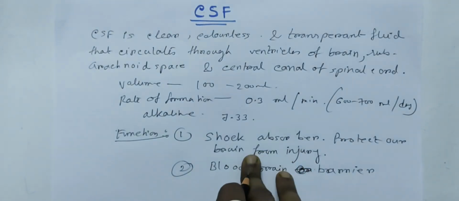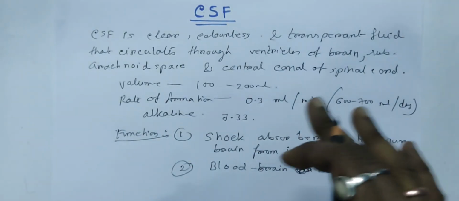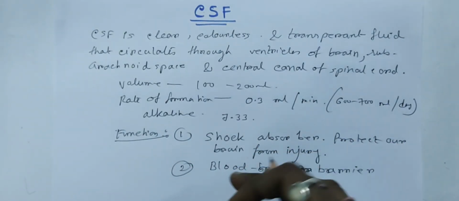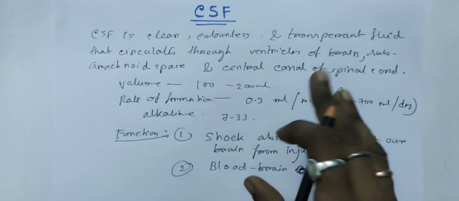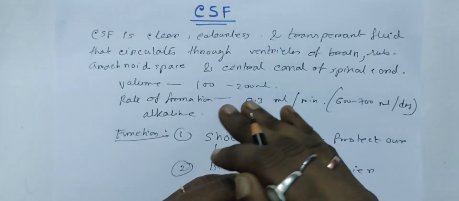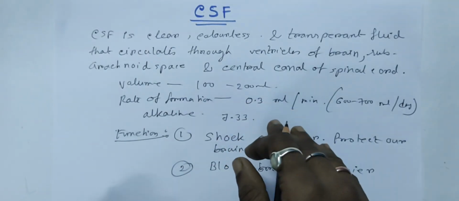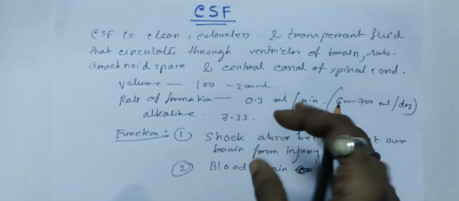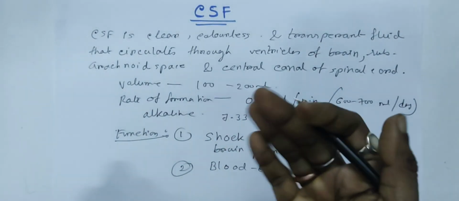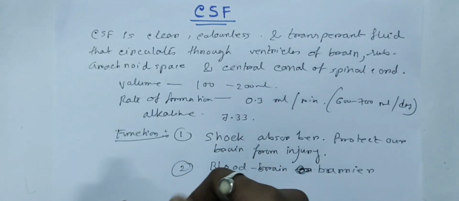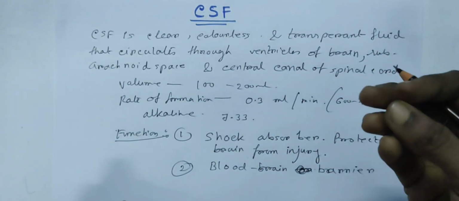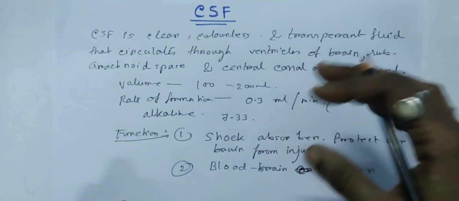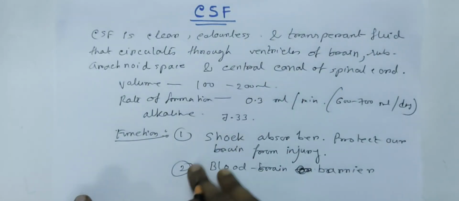The blood-brain barrier doesn't allow all the nutrients and materials to enter into the brain. It allows selected materials, selected minerals to come inside the brain, and also it passes some toxic substances out of the brain. So this acts as a blood-brain barrier.